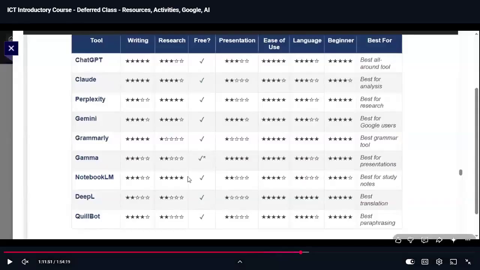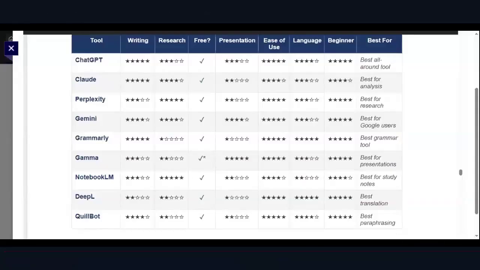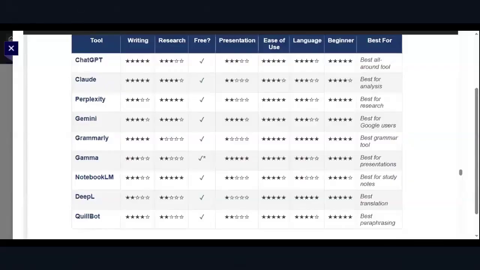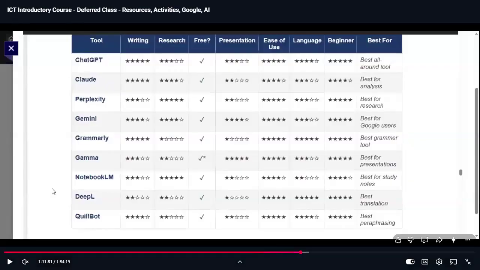There's a trial over there that you can use for a period of time, and then you have to pay for the full version. But at the beginning, it's free. Then you have to pay for the plans and for using that specific tool.